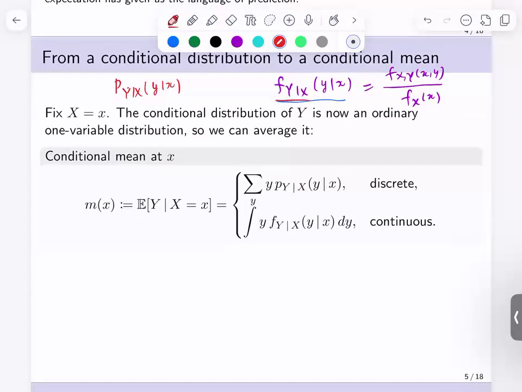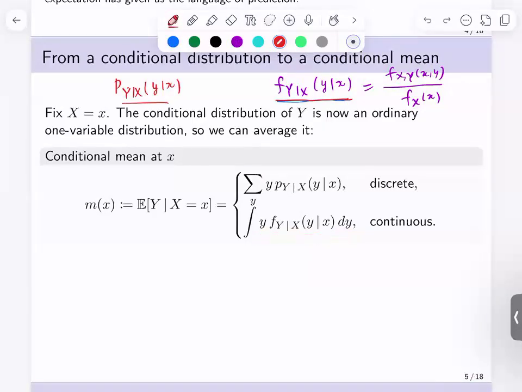Because this is a density, or a PMF, it will have a mean, which is basically the integral of y against this. So you're weighting the values that the random variable takes times the probability that y is equal to y.